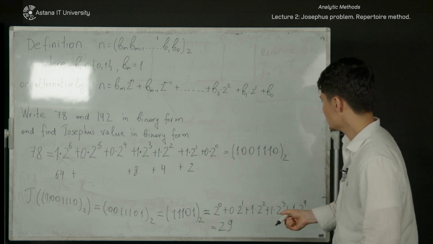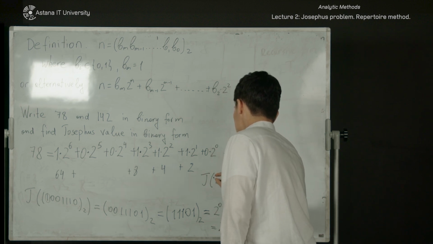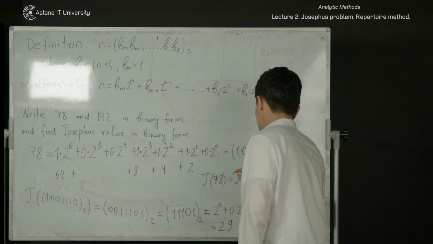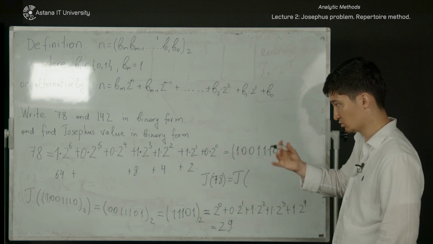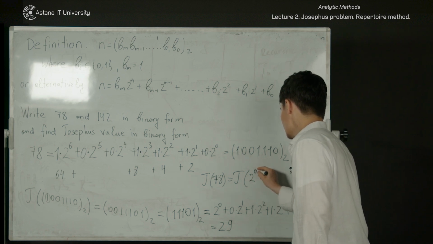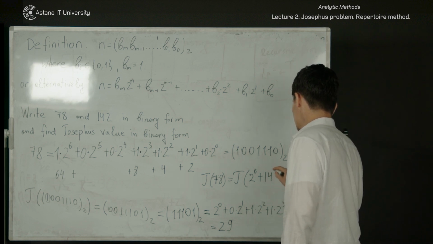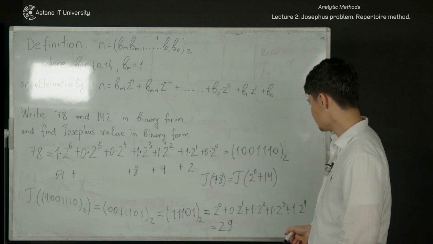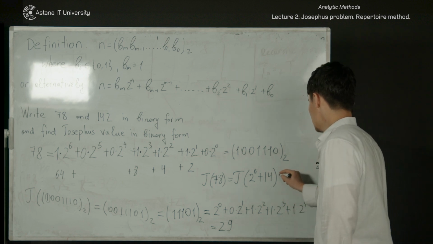Now let's check it. We have J of 78, which can be written as a power of 2 plus some integer, in this form: 2 to the power of 6 plus 14, so 64 plus 14 is 78.